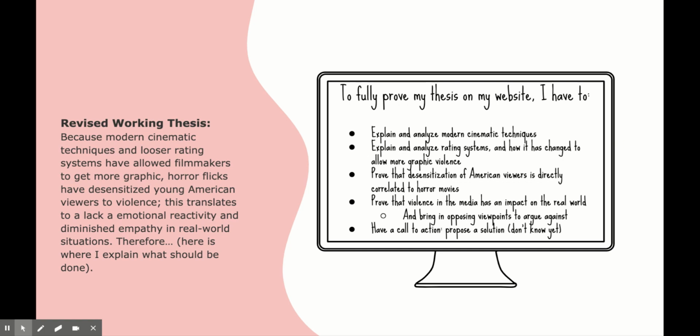But I don't know that yet. I need to have research for all of those different things in my revised working thesis, so I can fully say, yes, I have done that research and my argument is backed up by evidence.